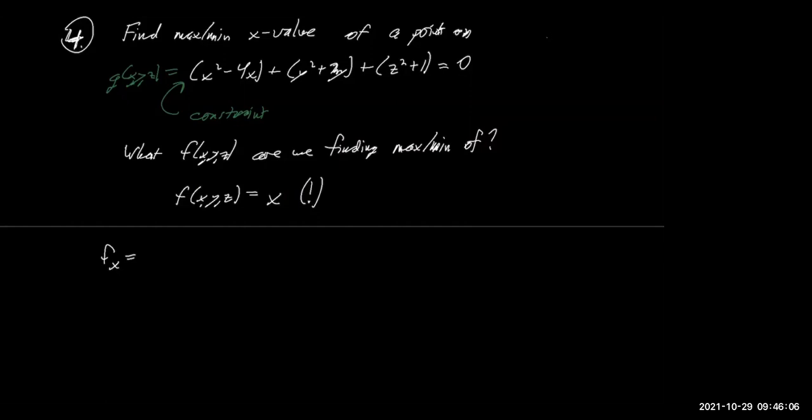I started to write f sub x equals lambda times g sub x, but actually let's write g sub x is lambda times f sub x, because g is this function up here. So the partial x is just 2x minus 4, and we get 2x minus 4 is lambda times 1.